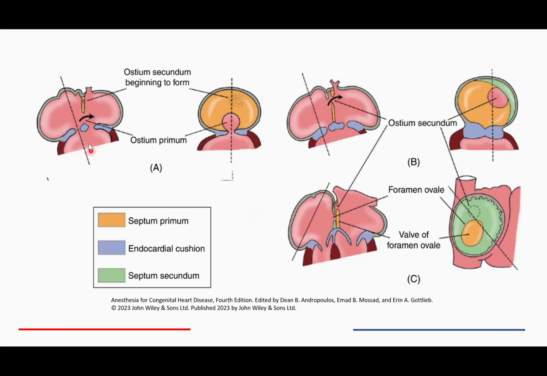To talk about the embryology just a little, to understand the differences between these types. The ostium secundum: in the embryo, the two atria are one chamber, and they get divided.